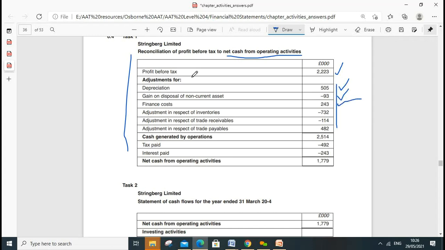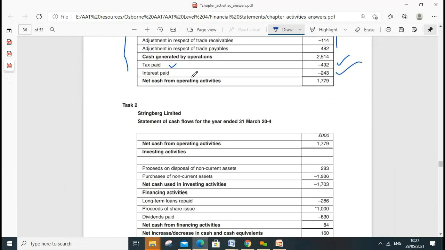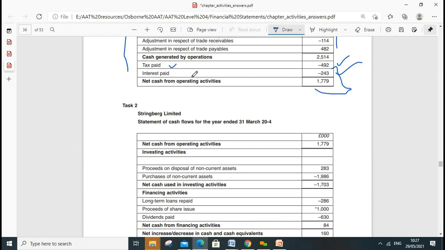Finance cost, we deducted it in the first place, we add it back and deduct it again here, and then tax paid. Then we look at net cash from operating. Normally it's a positive cash flow. If it's negative, we need to look closely, because we are struggling with cash.